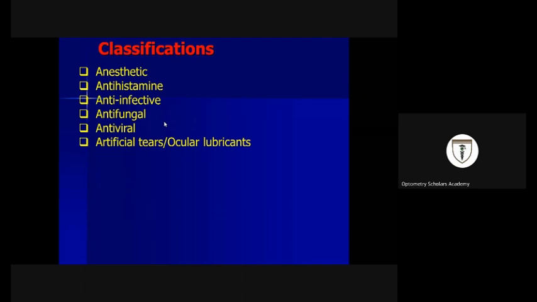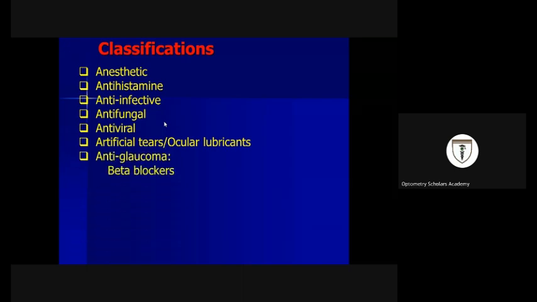The only thing I could mention was artificial tears, and they told me no, that's not the name they are looking for, that there's another name, the main name for that classification. I couldn't remember anything else till I left the hall. When I left the hall, I remembered ocular lubricant. So the name for that classification is ocular lubricant. So experience is a better teacher.